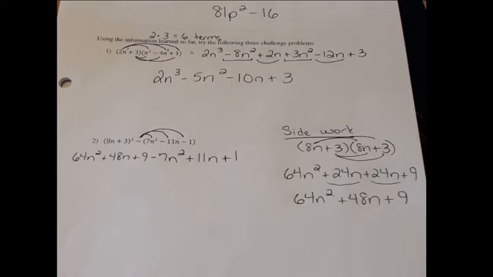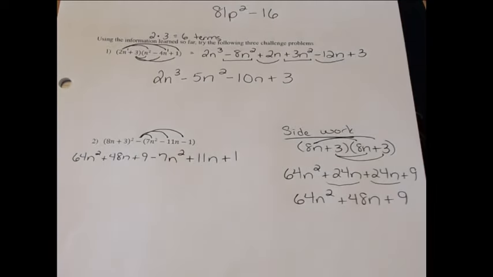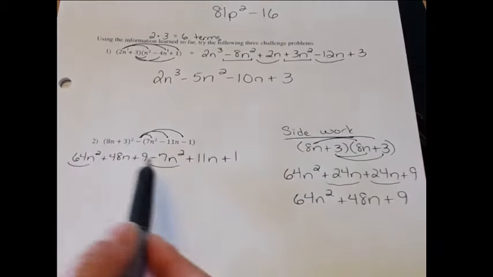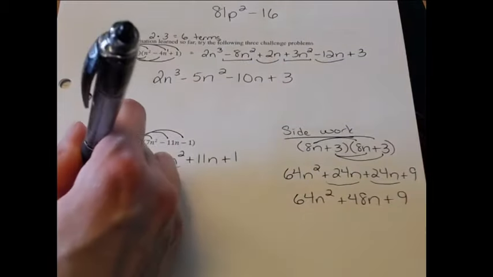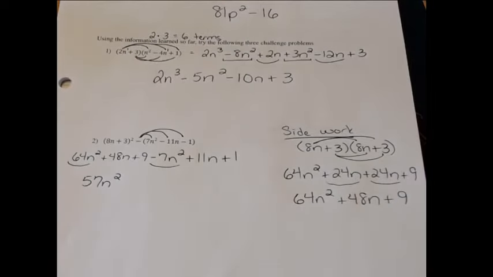Next, we are going to combine the like terms. We have a 64n to the second power, and we have a negative 7n to the second power. So these are my like terms. We're going to take 64 minus 7, and that gives me 57n to the second power. There's our first term.